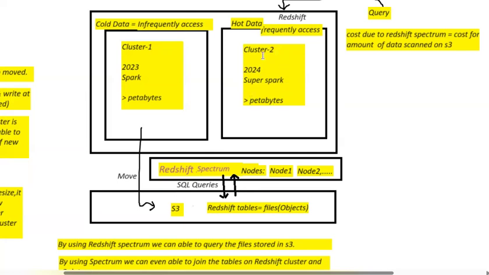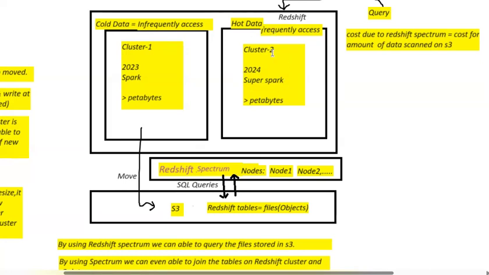So if we store this Spark data under S3, and if we use Redshift Spectrum, since the data is frequently accessed, a lot of scanning happens. That's why we will be charged much more compared to storing the data in the cluster and accessing it. So that's what is recommended: use this hot data or frequently accessed data under the Redshift cluster only.